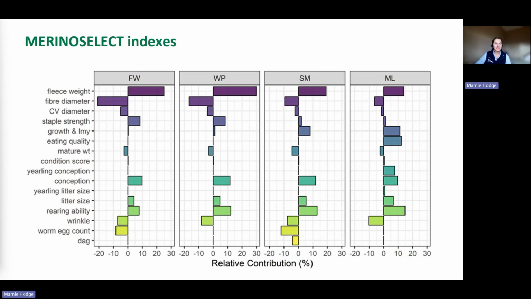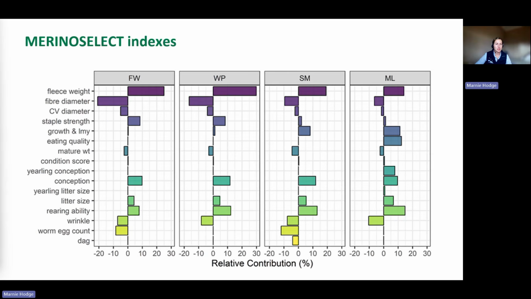If we have a look at the Merino Select indexes, for example, we've got 4 different indexes that we report in our Merino Select analysis: our fine wool, our wool production, our sustainable merino, and our merino lamb index. And each of these indexes have pretty similar traits that they are made up of.